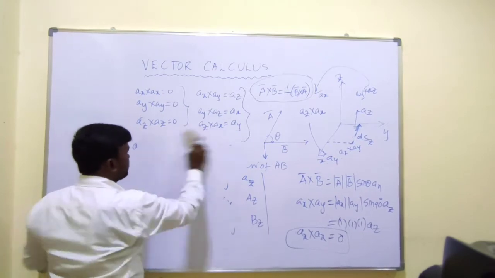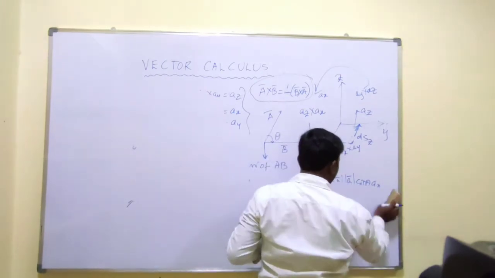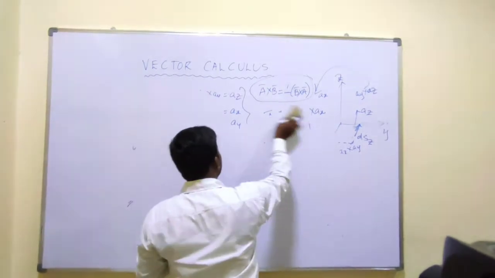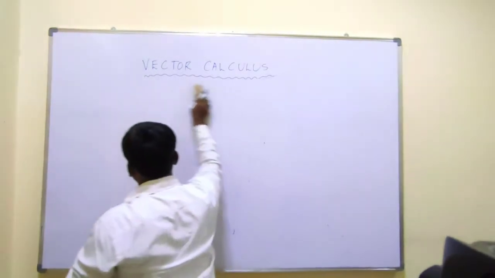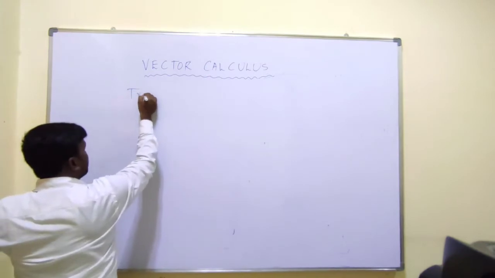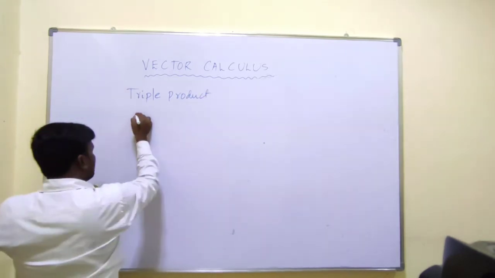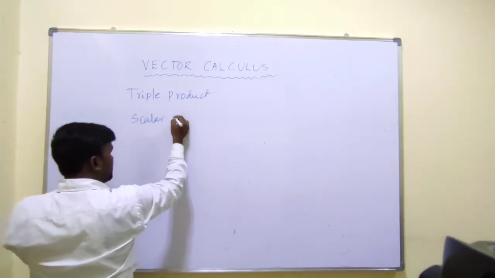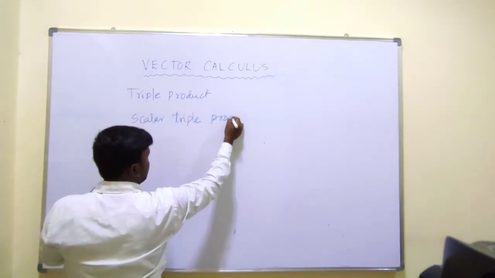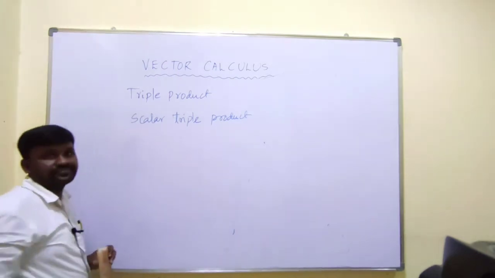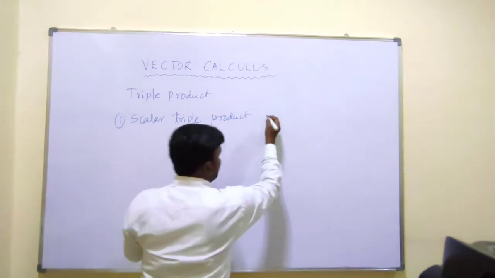Next we will discuss the triple product. Triple product means instead of taking two vectors, we take three vectors. In the triple product, we have the scalar triple product, and the second one is the vector triple product.